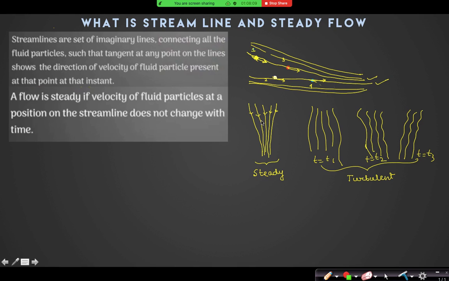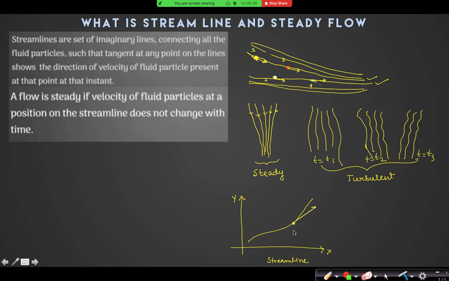Now we can understand one very important thing. If you go into the definition of steady flow, suppose this is a particular streamline. We have drawn that streamline in xy coordinates, a two-dimensional streamline. At this particular point, what is the direction of velocity?